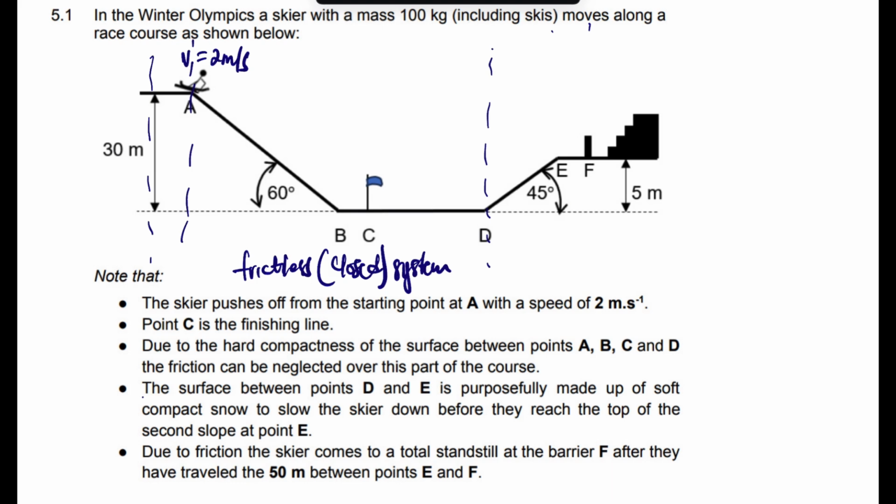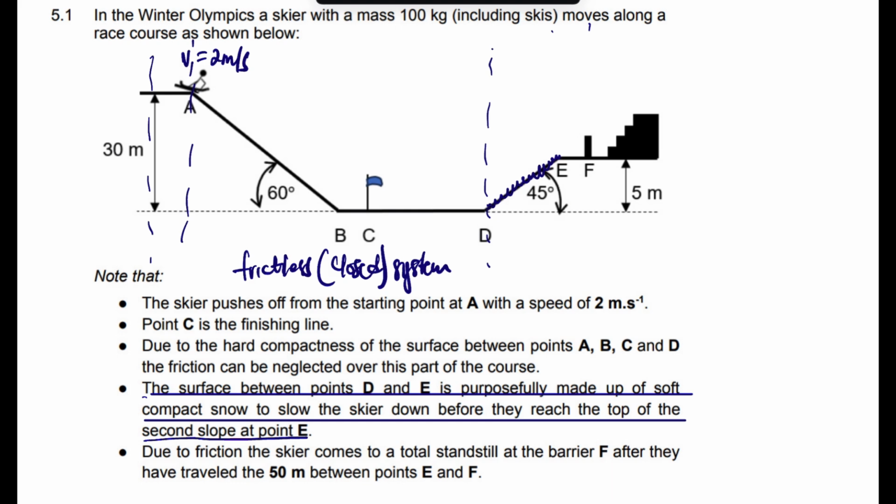Now it says the surface between point D and E is purposefully made up of soft compact snow to slow down the skier before they reach the top of the second slope E. So that means from here to here there is a friction, right?